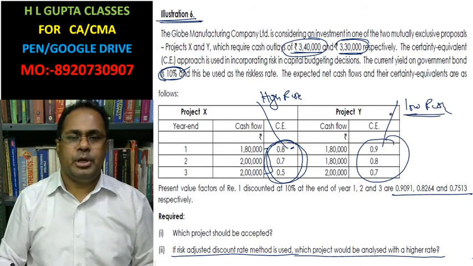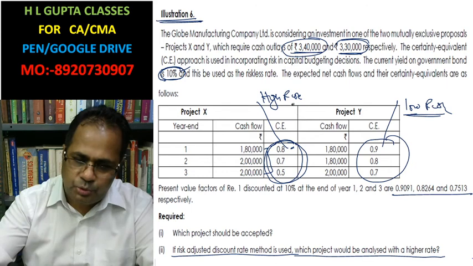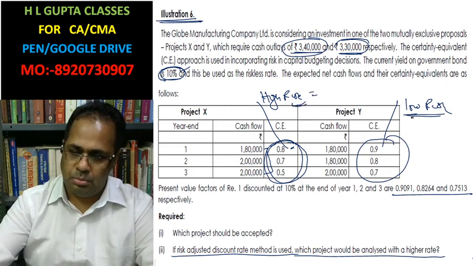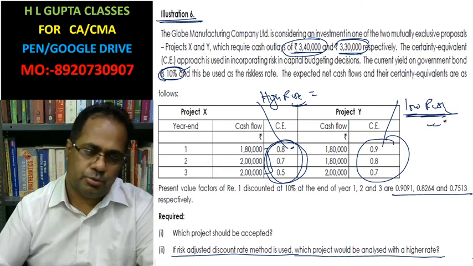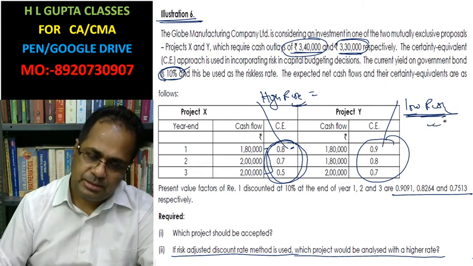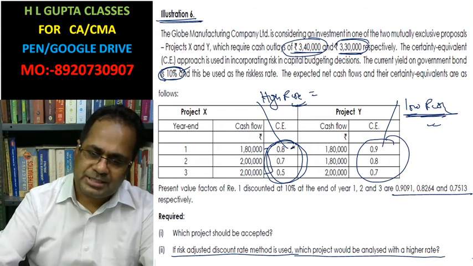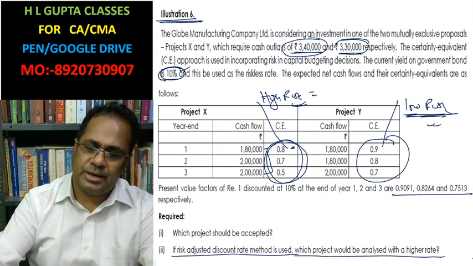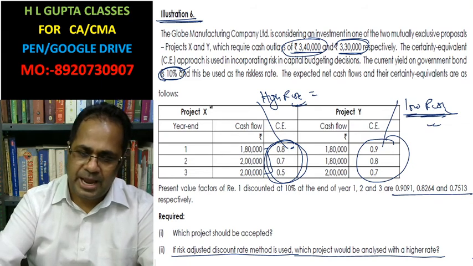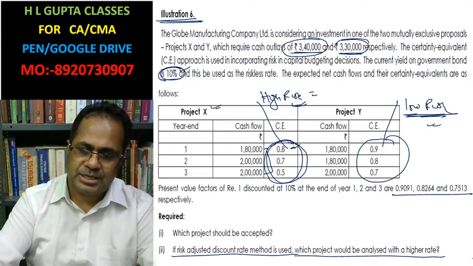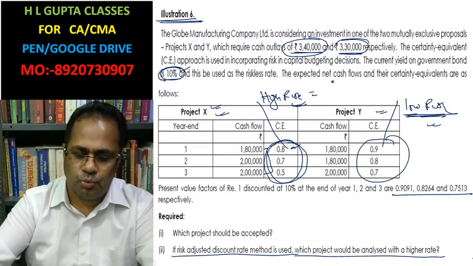A riskier project would have a high discount rate, and a less risky project has a low discount rate. In this case, project X has a low certainty equivalent factor, that's why a high risk adjusted discount rate is applied for project X, and a low risk adjusted discount rate is applied for project Y.